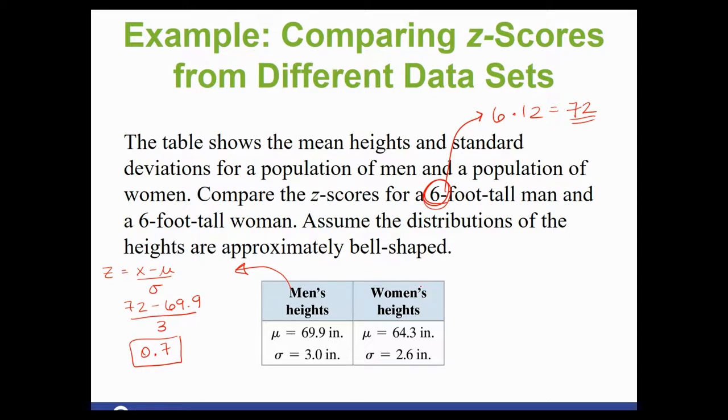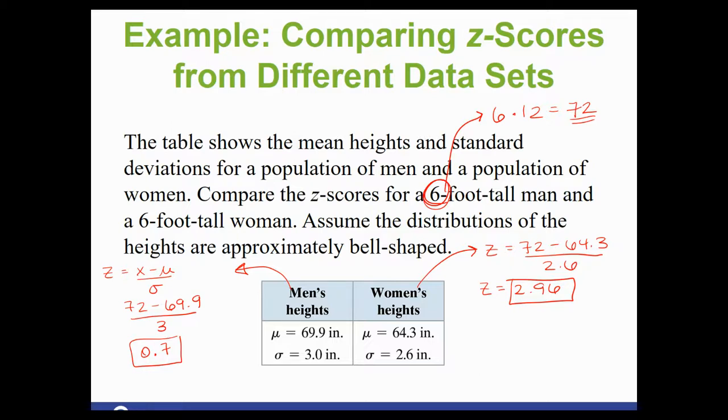Now let's try women. So same z-score formula, we'll plug in 72 inches for our 6 foot tall woman minus our mean divided by our standard deviation. We do this math, we get something a little bit bigger. We get 2.96.